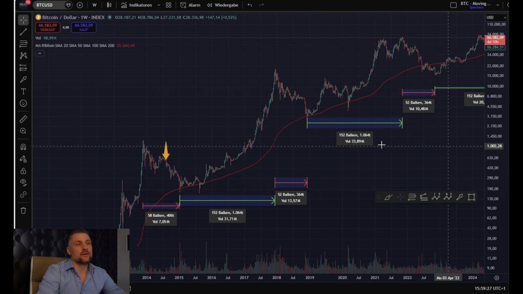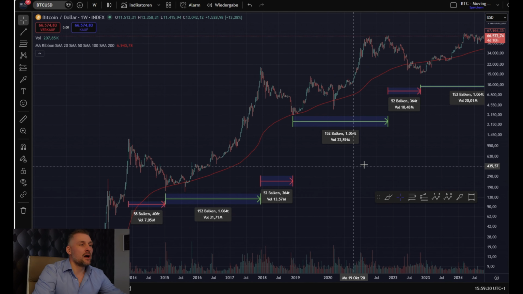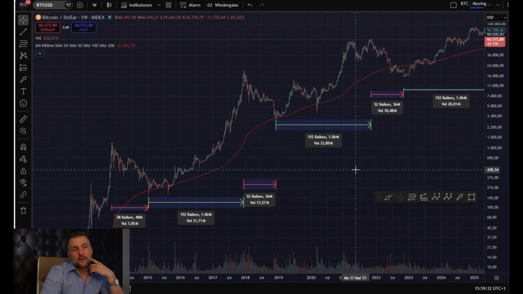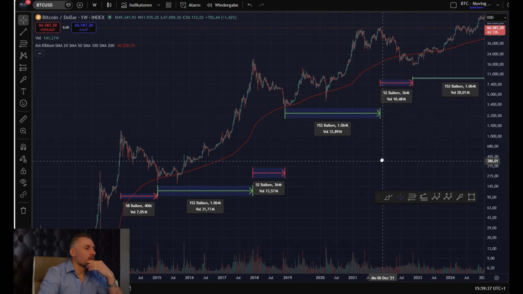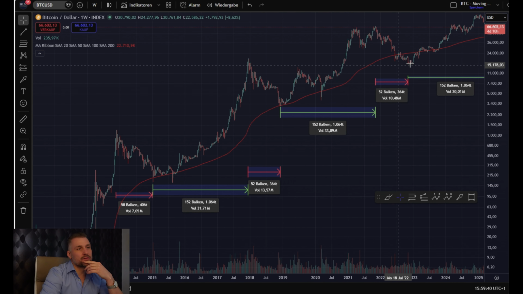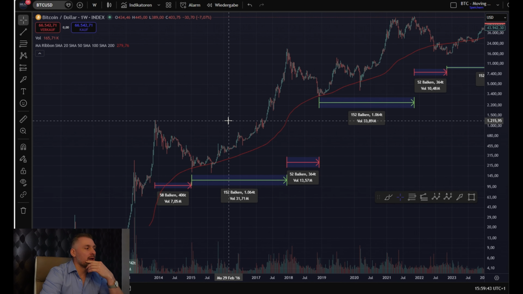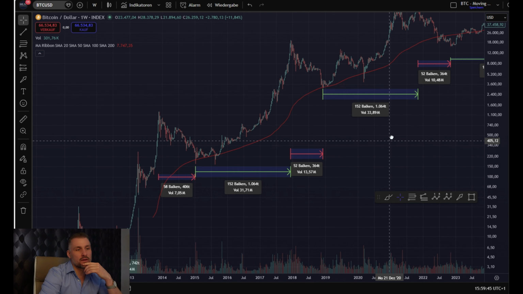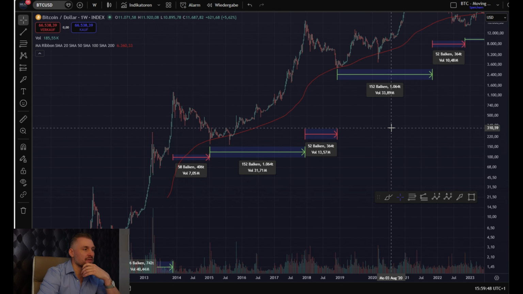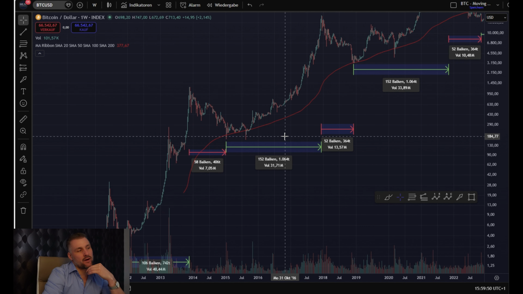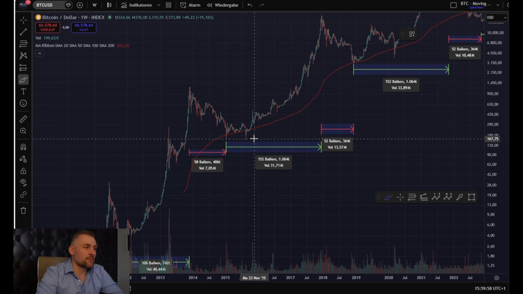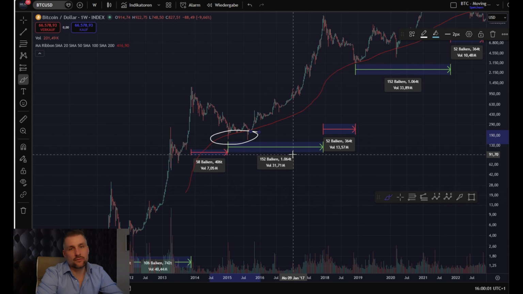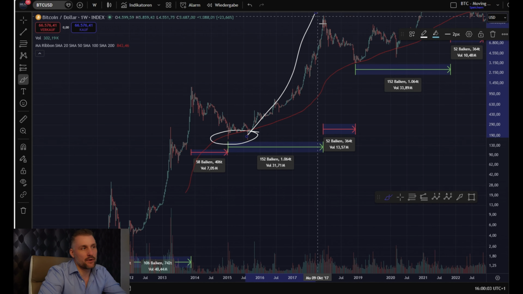When we check the 200-week moving average in terms of cheap price levels where we could enter. As you can see now here, the red line is the 200-week moving average, and in previous cycles, we can identify each time when Bitcoin is breaking below this level, Bitcoin doesn't remain for a long time below the 200-week moving average, and then it's shooting up again.